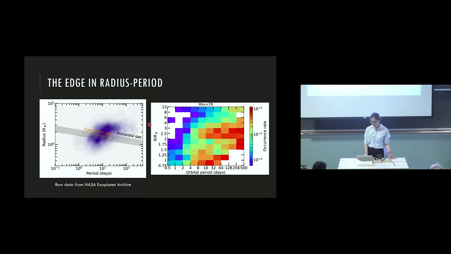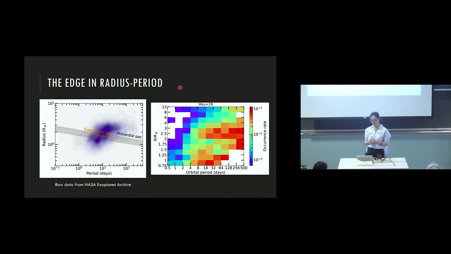Okay, so in terms of what exactly creates this radius gap, with that premise, there's a bit of nature versus nurture in terms of when exactly it appears. So I'm going to briefly go through how we can understand this. What I think is going on is that you can get this separation, this bifurcation, primordially, from formation itself.